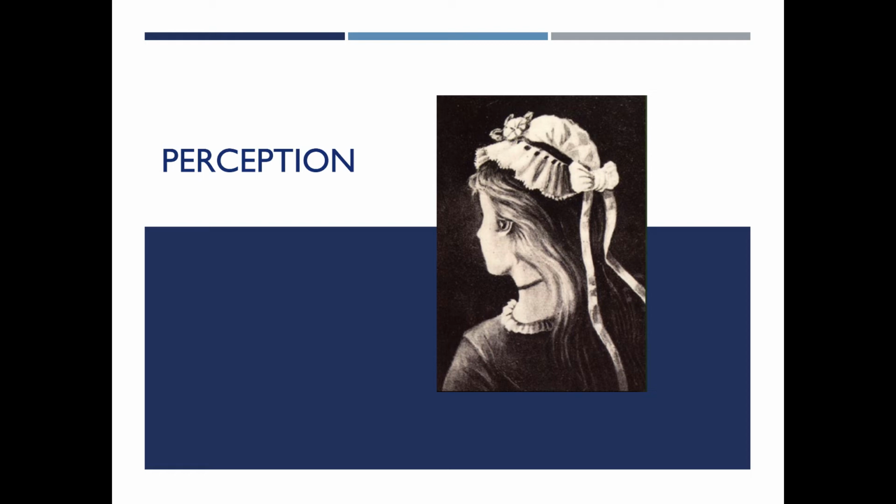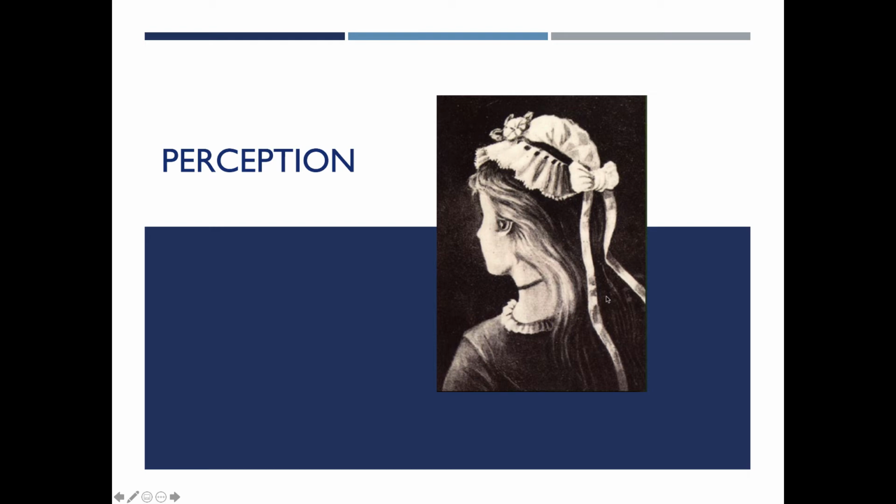So if you weren't able to see both of those, I will say that the young woman's face is here with her forehead, her nose right here, her chin, young woman's chin. This is the hair, her ear, and she's wearing a necklace that's choker style.